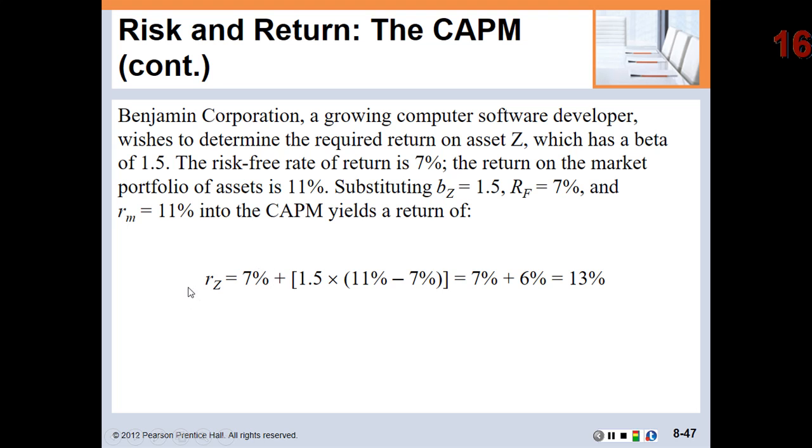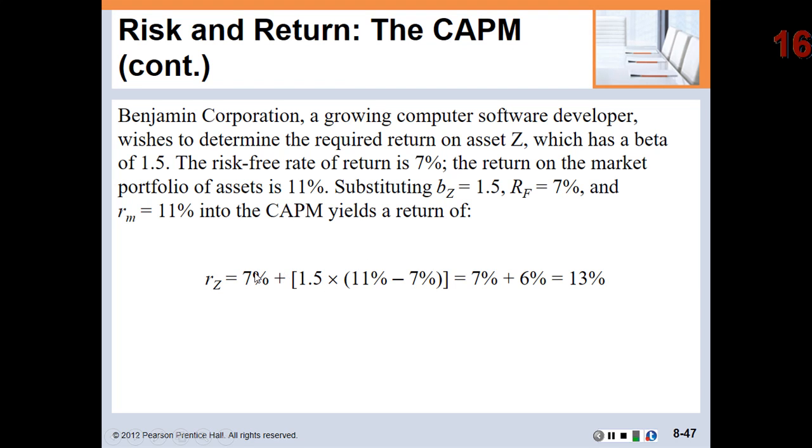So the required return on asset Z is going to be the risk-free rate of 7 plus the beta of 1.5 times the return of the market of 11 minus the risk-free rate of 7. Now again, it's really important to use the correct order of calculation here. So we're simply going to take 11 minus 7, which is 4, multiplied by 1.5, which is 6.